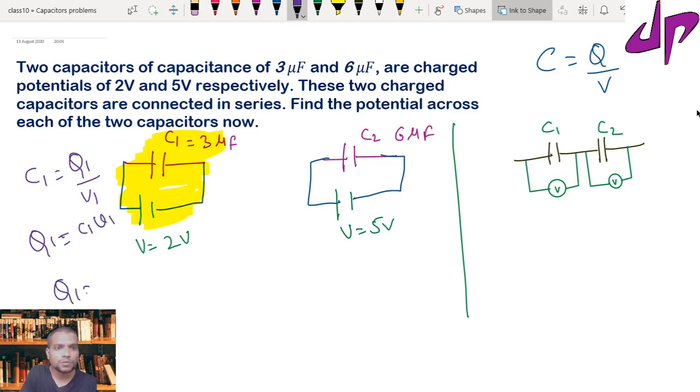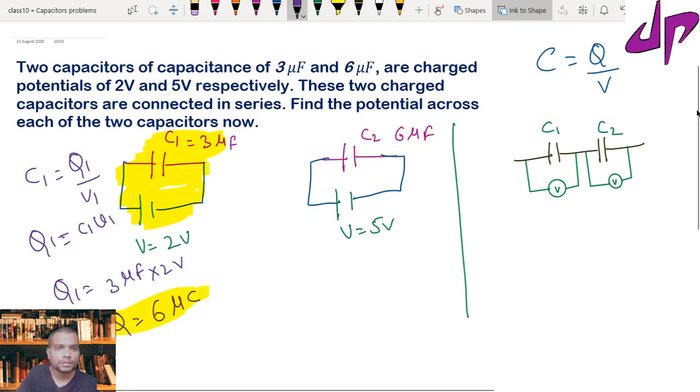So Q1 equal to 3 microfarad times 2 volt, so Q1 equal to 6 microcoulomb.